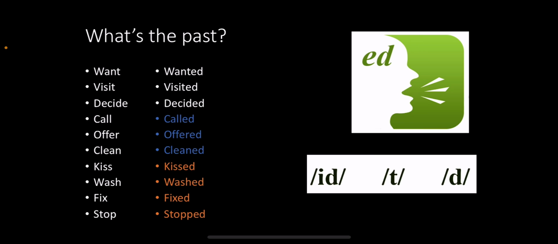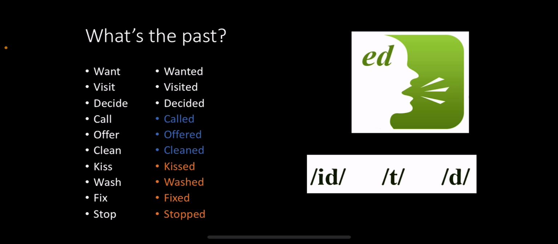We can pronounce the ed like it, like we normally pronounce the ed, but we can also pronounce the ed as a t or as a d sound. So the verbs that we have in color white, we pronounce them as ed. We say wanted, visited, and decided. Yes, we pronounce the ed. The verbs that we have in blue color, we pronounce them like d.